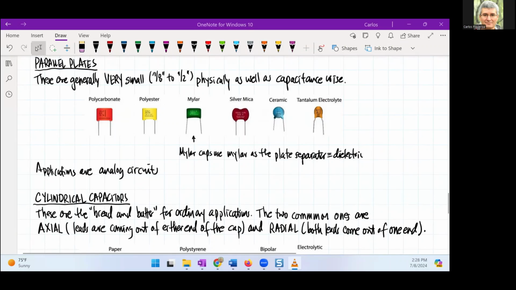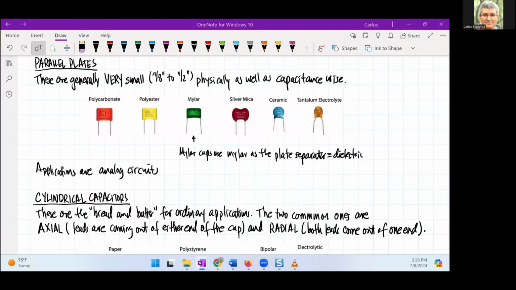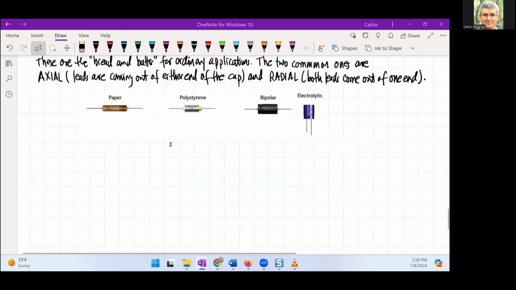So the next thing that we want to look at is applications. And I think that the applications are super fascinating. Now, I want to address capacitor questions.